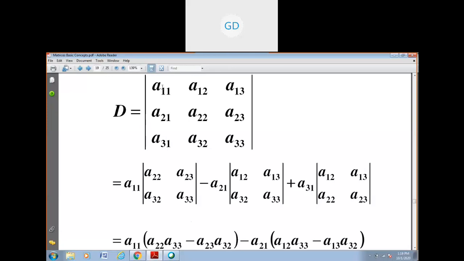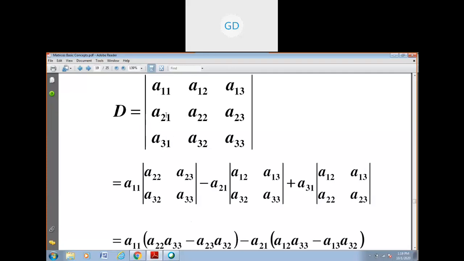That means for A11, the row containing A11 and the column containing A11 we have to omit. And whatever elements are left, you see here there are four elements: A22, A23, A32, A33. These four elements we have to write within vertical bars, that is a determinant. So A11 into a determinant of these four elements.